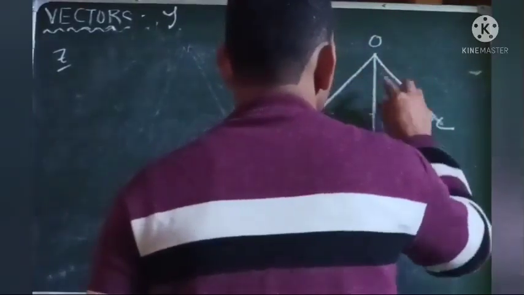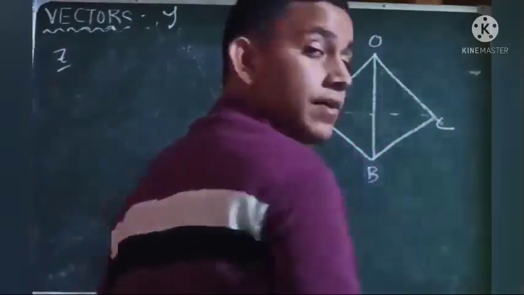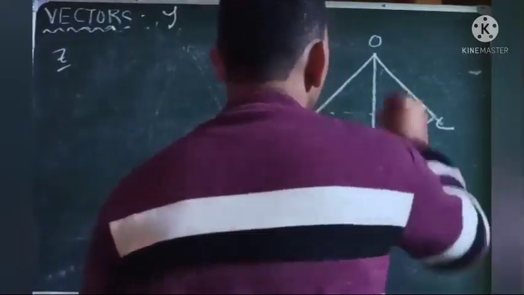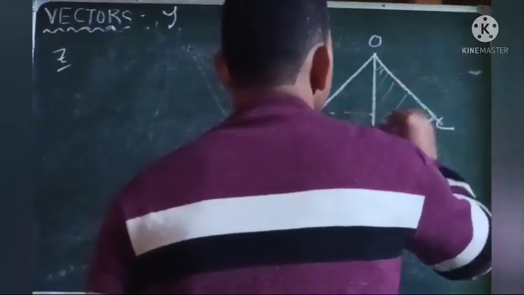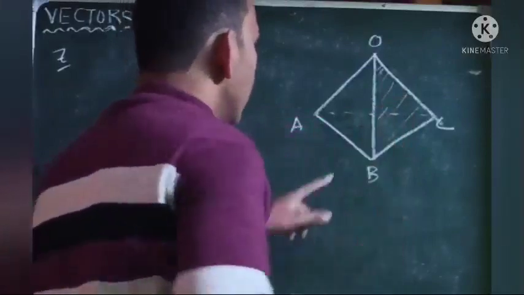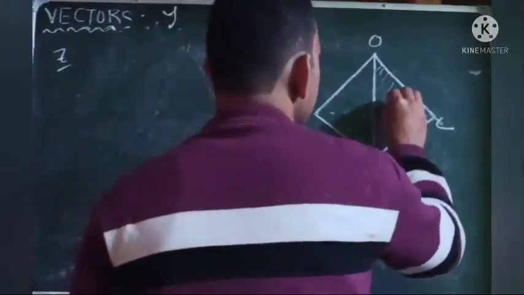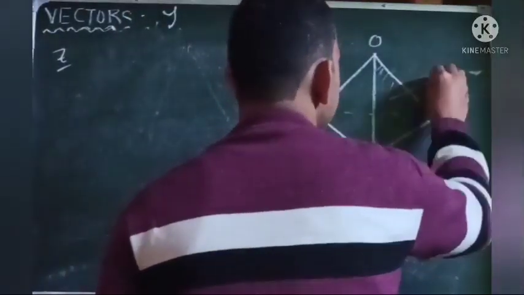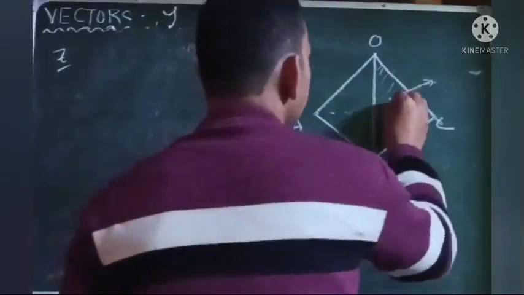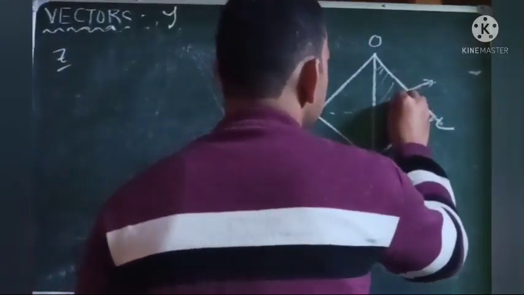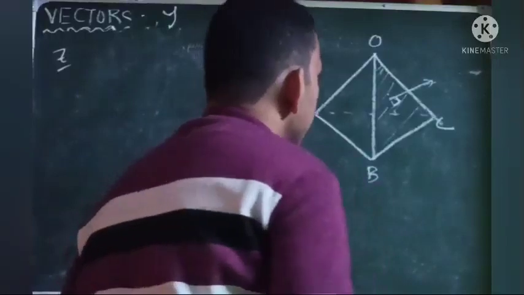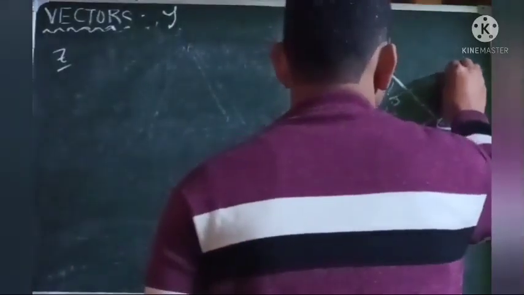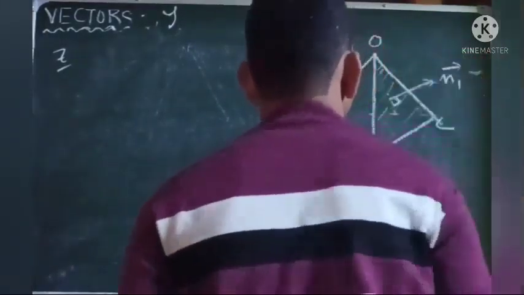suppose this area OBC, the area vector will be along the outward normal to this plane. We are taking this plane OBC. Suppose the area vector points in this direction, which will always be perpendicular to the plane, is n1 vector.